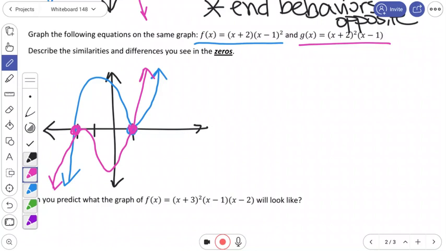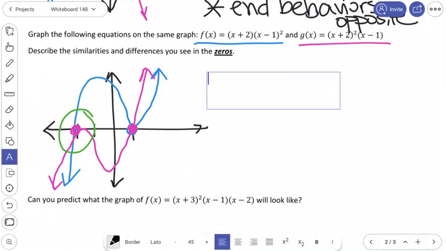So what made that happen? If you look at the first zero over here at -2, you can see that our f of x, the blue graph, crosses through your x-axis, but your pink graph, g of x, is actually only touching your x-axis. So what makes that happen? I'm going to type because it's easier to type on this thing than it is to write with my finger.